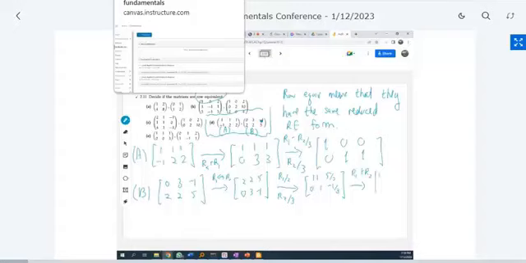The 1 will stay the same. R1 minus R2 gives me 0, 5 halves plus 1/3, that's going to be 15/6 plus 2/6, so 17/6. And then here I have 0, 1, 0.